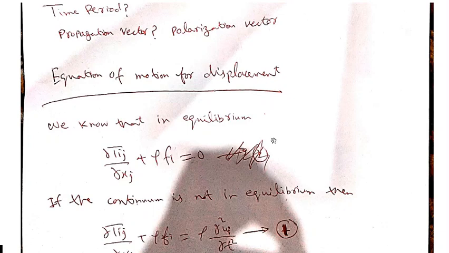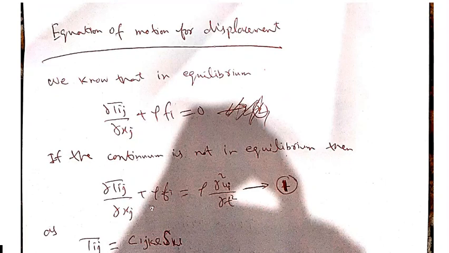Now, T is the stress. This denotes the body force, and this is from the surface force. Now, if the continuum is not in equilibrium, then we can write this: the right side will be balanced with the acceleration. This is the same as the equation F equals ma.